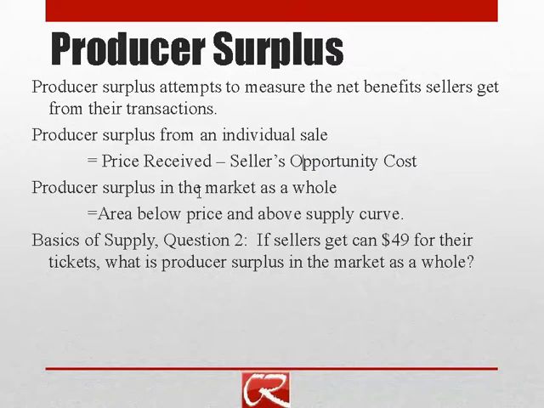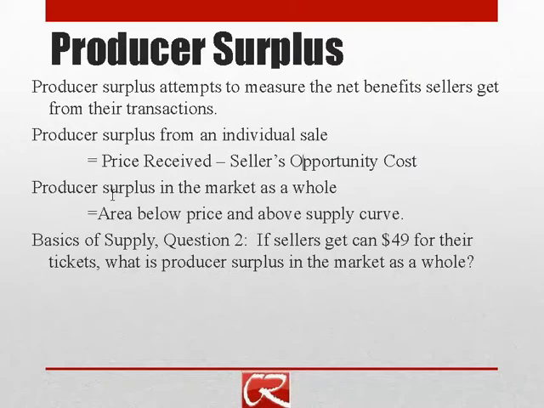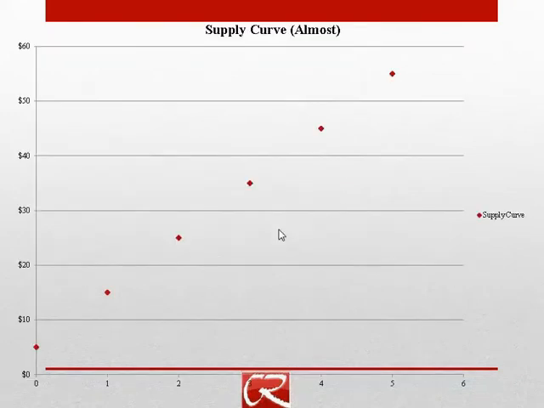In the market as a whole, because the height at each point on the supply curve is dictated by that seller's seller cost, so the height of the third dot was dictated by the $35 selling price for the third willing supplier, we can think about measuring producer surplus in the market as a whole as the price received minus the seller's opportunity cost.